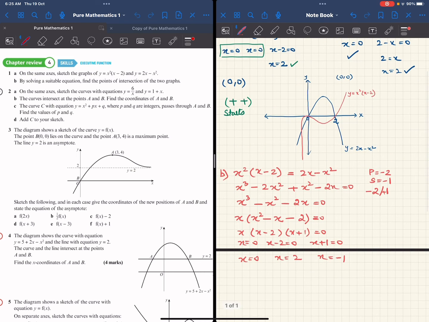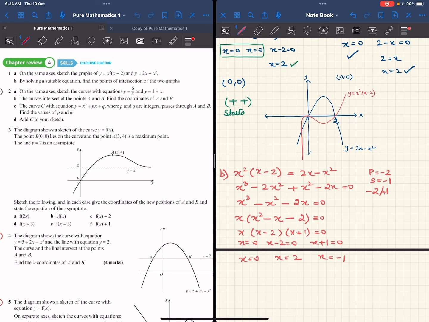So x is equal to 0 is one root, which is where both the curves are intersecting. Both the curves are intersecting at x is equal to 0. The second place where both the curves are intersecting is x is equal to 2. And the third place where both the curves are intersecting is this point where the x coordinate is negative 1.